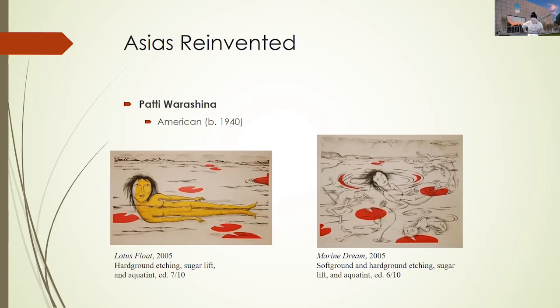So in both of the pieces, you have these very traditional references to Asian culture, the floating lotus leaves, and the people in the water. And if you notice, she's very yellow except for a sliver of white on the side of her face.